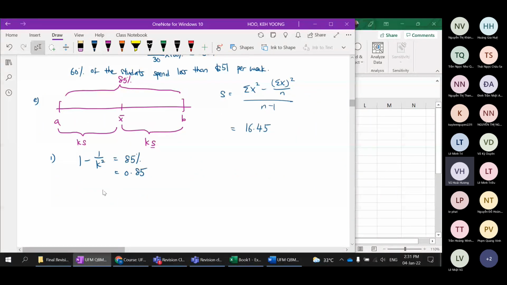So you have 1 minus 0.85. You have to do some adjustment to the equation, just move it around. You have 0.15 equals this. So back to your maths, I hope you know how to solve these equations.